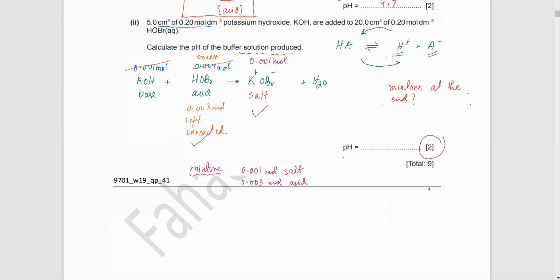So it's a buffer solution. If you have a weak acid and a salt, the salt is the conjugate base, and they form a buffer. What is the formula for a buffer solution? It's Ka is equal to salt concentration into H plus concentration divided by the acid concentration.